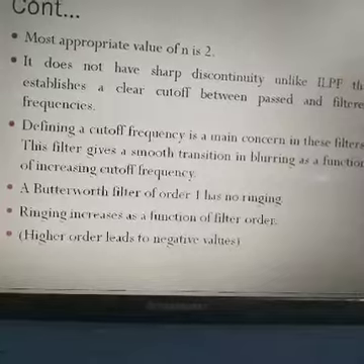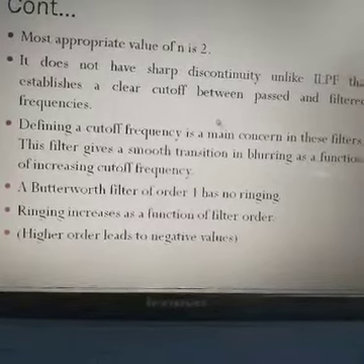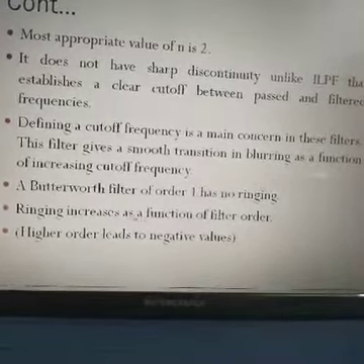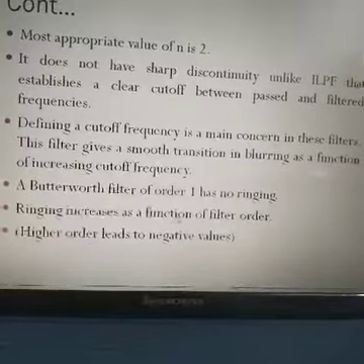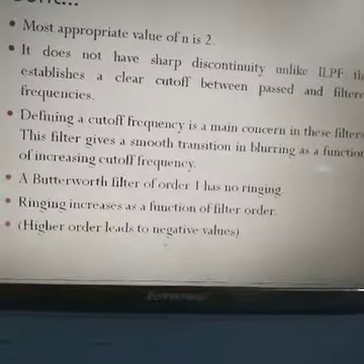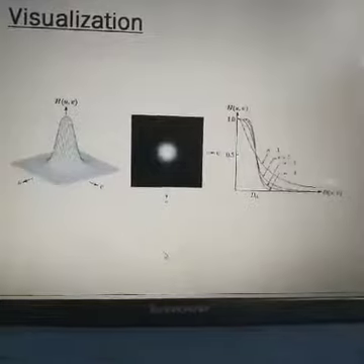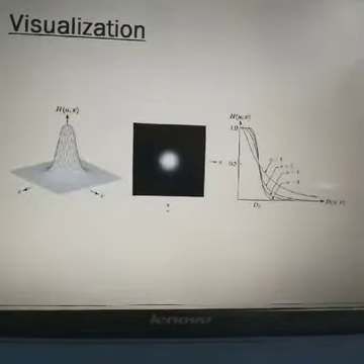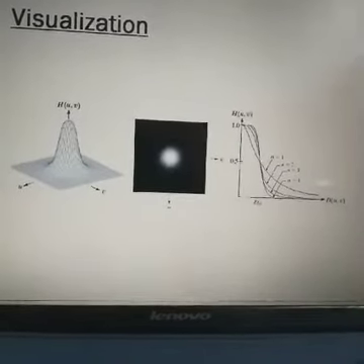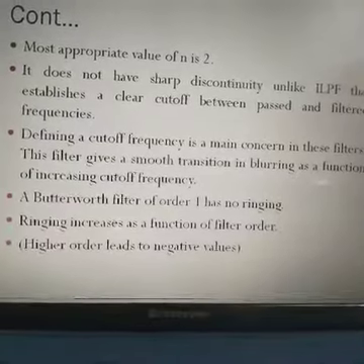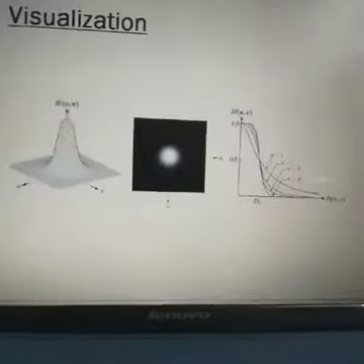A Butterworth filter of order 1 has no ringing. Ringing increases as a function of filter order. High order leads to negative values. Here we have the visualization of the Butterworth low pass frequency filter. So we have the values like this.